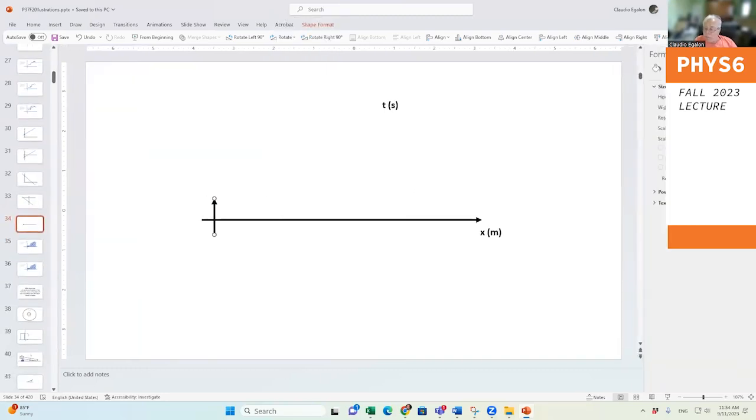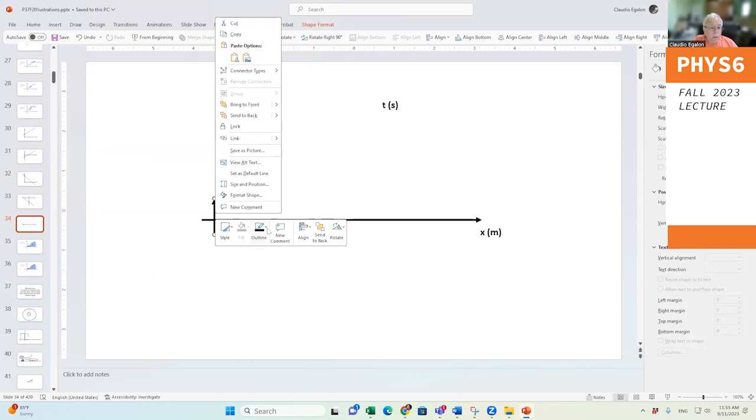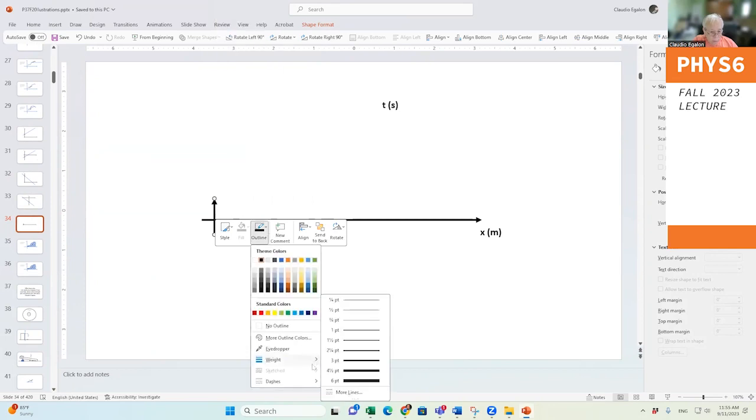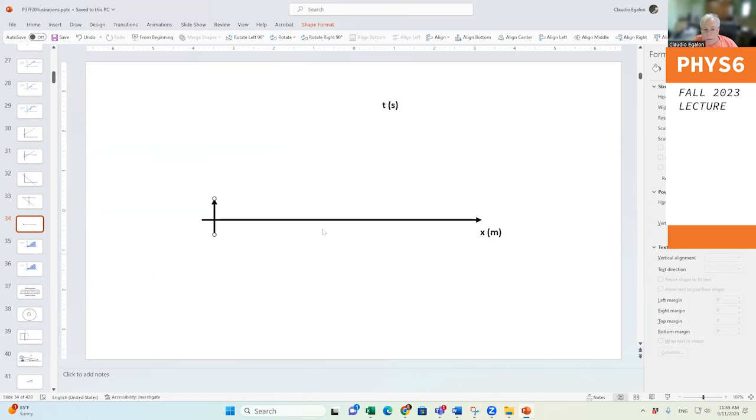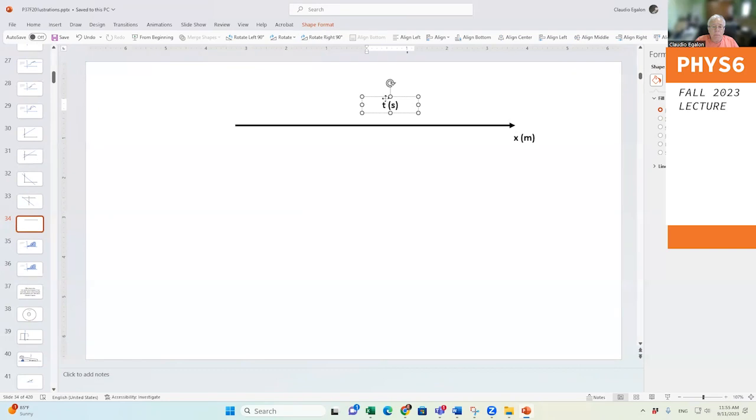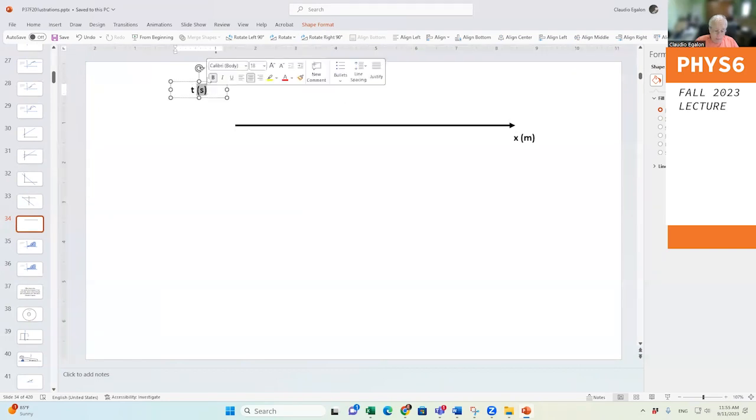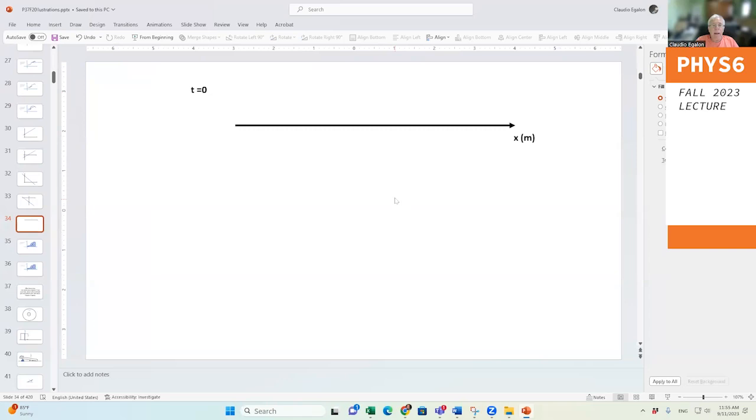Let's see, size and position right in here. Okay, I'm going to get rid of that. Okay, the situation is like that. At time t equal to 0, here's the freeway.